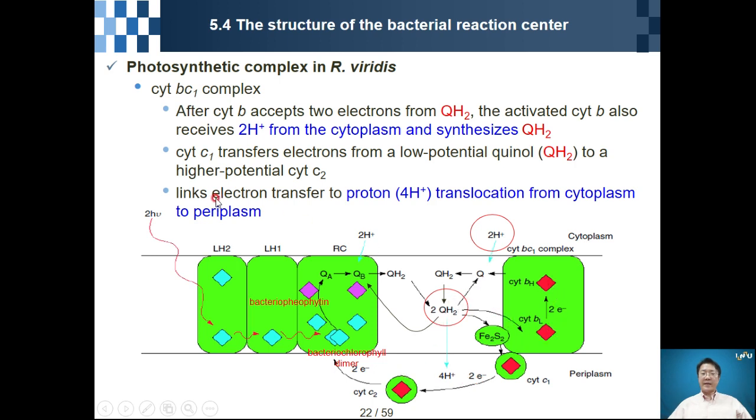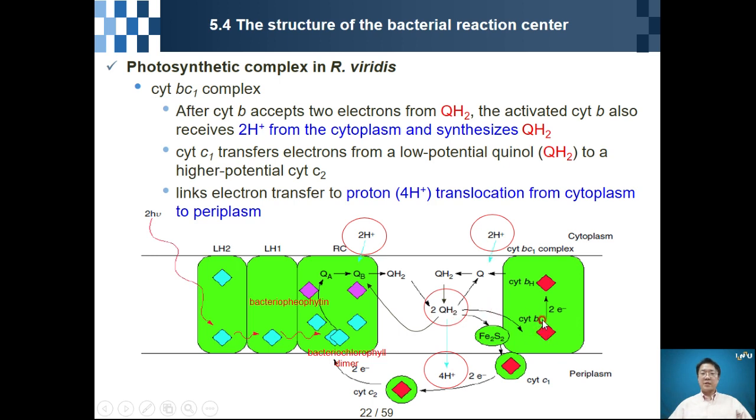They link electron transfer to proton translocation. For example, 4 protons can be translocated from the cytoplasm to the periplasm. So the main function of the cytochrome bc1 complex is that cytochrome b accepts 2 electrons from QH2.